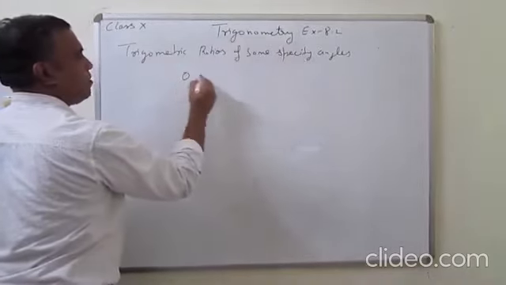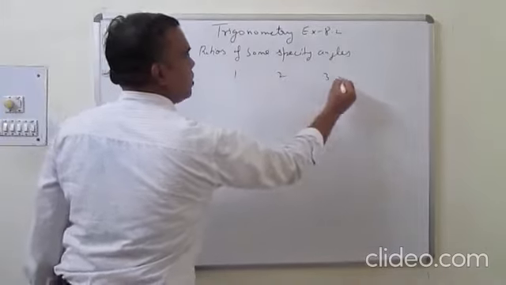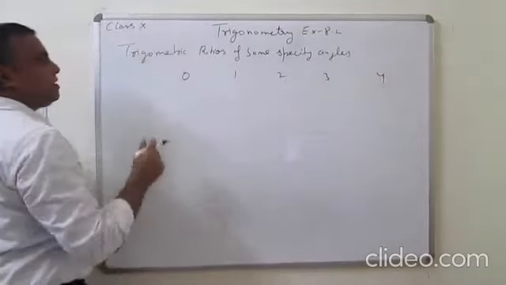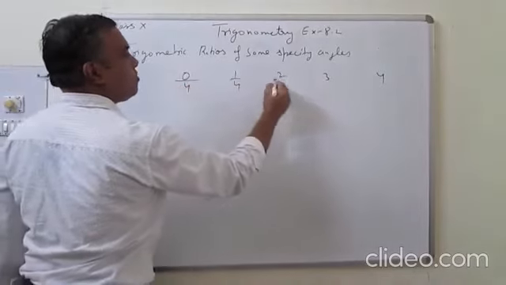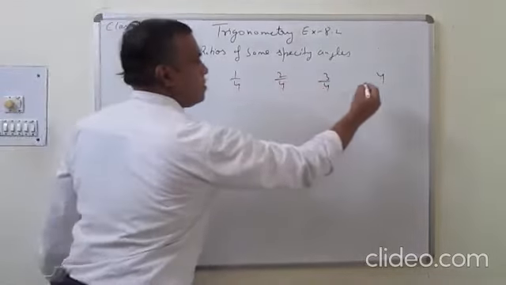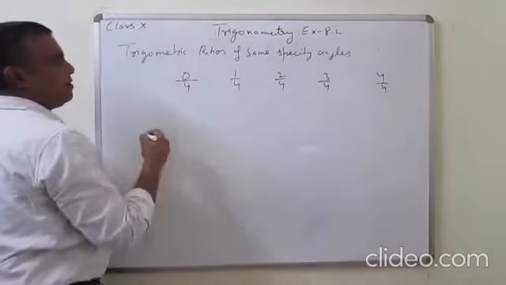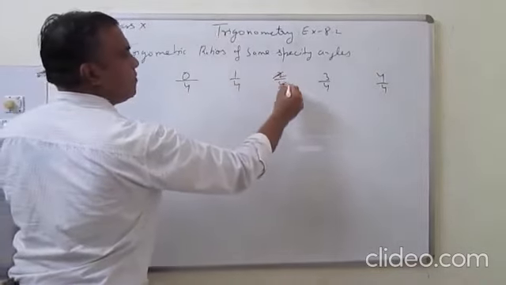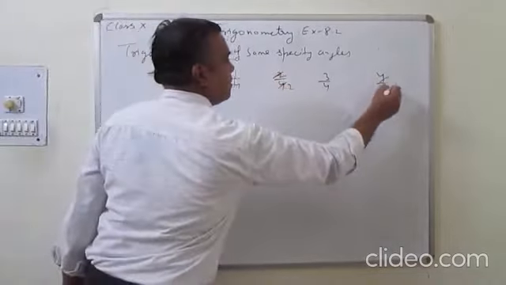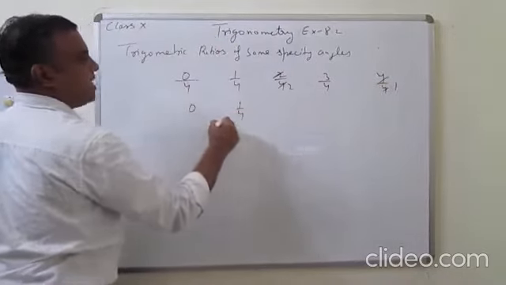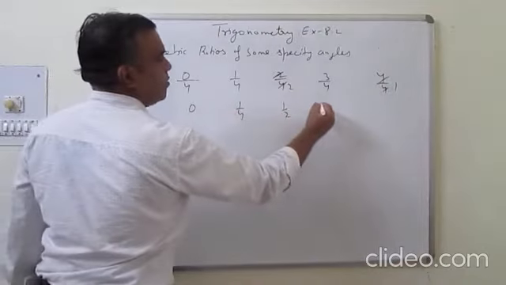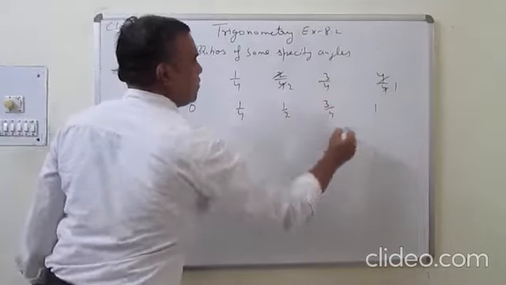First you write the counting 0, 1, 2, 3, 4. What is the maximum number? 4. So divide all the numbers by 4. Now simplify it. This will cut 1 by 2. This will cut 1. Now rewrite again. 0 upon 4 is 0. 1 upon 4 is as it is. It is 1 upon 2, it is 3 upon 4, it is 1.